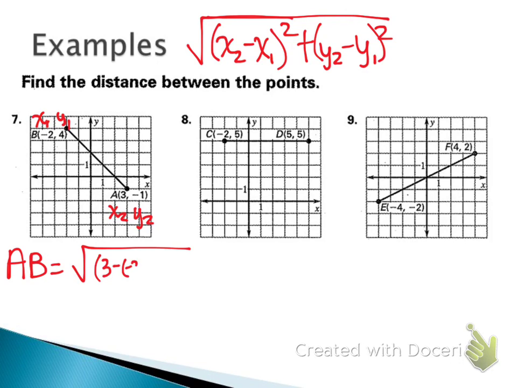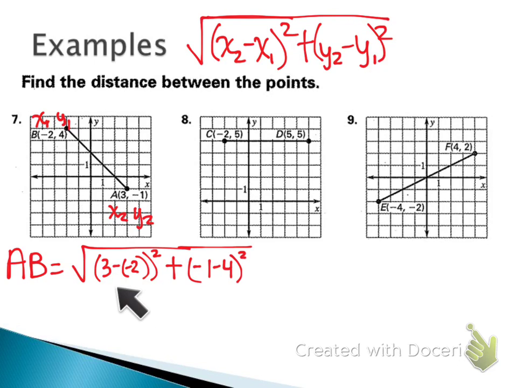If you did it the other way, that's fine. Our steps will start looking very similar very soon. Plus, if I labeled my points this way, my y2 is negative 1 minus 4 squared. Okay? Being careful to watch my signs.